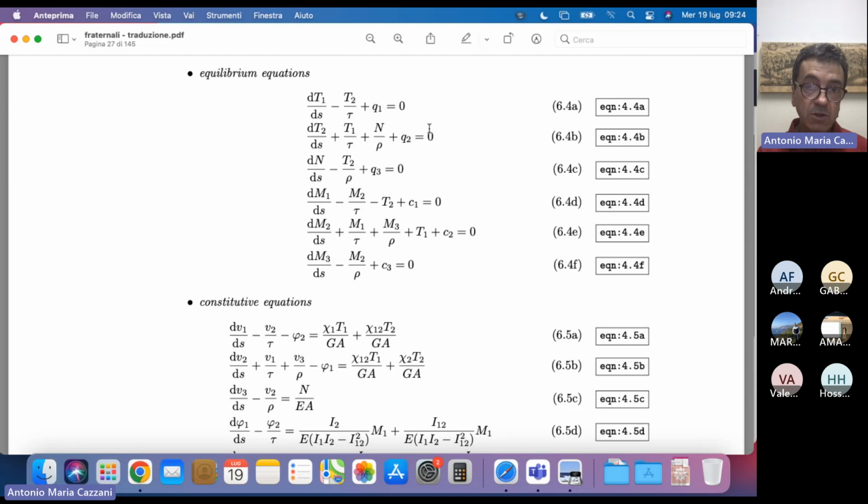The first three equations are relevant to the linear momentum balance, so balance of forces. The last three equations, again projected in the direction of the binormal, of the principal normal, and of the tangent, are relevant instead to the moment, and so these can be interpreted as angular momentum balance.